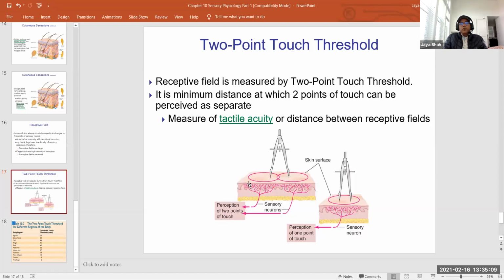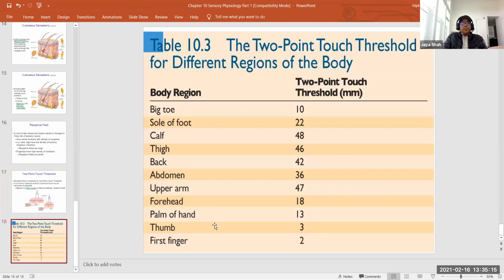So immediately before this one, this distance is the 2-point touch threshold. So based on the sensitivity of an area in our body, let's see the 2-point touch threshold of the body parts. Look at this table, go over it, and then I'm going to ask some understanding questions.